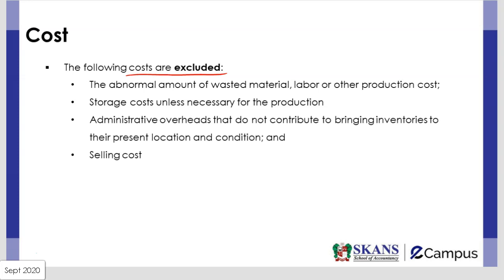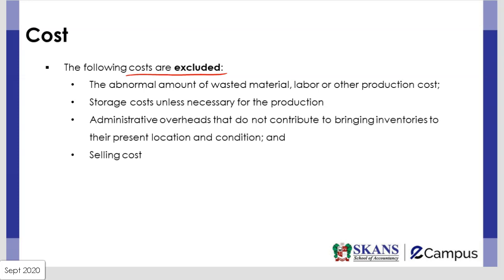If there is a normal loss, that will become a part of cost of asset. A very common example of normal loss can be if you have sheets of paper and you're trying to make a diary out of it, which is round in shape, then naturally speaking, after cutting, some paper will be wasted. But that is part of the normal production process.